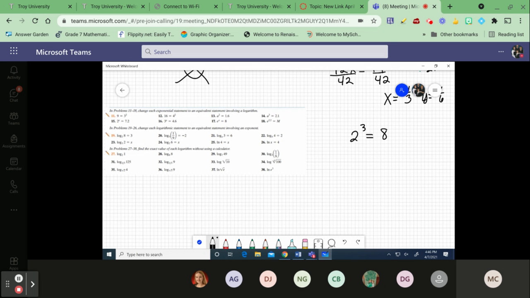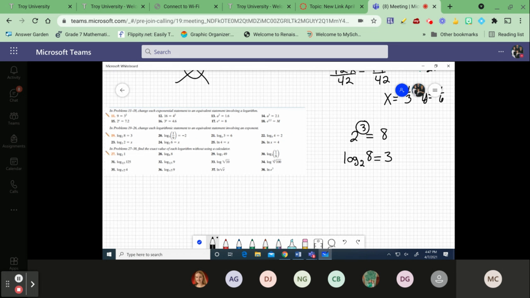All right, well, the logarithm is when I'm trying to find out what that exponent is. A logarithm would say log base 2 of 8 is equal to 3.